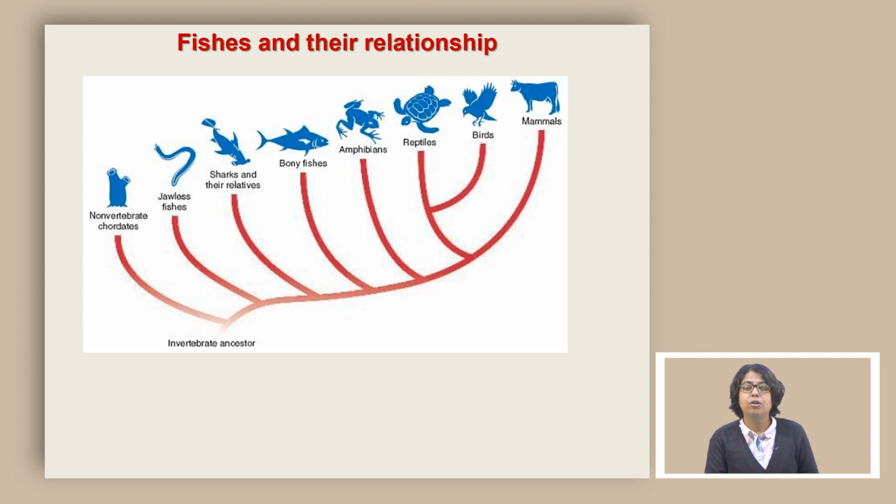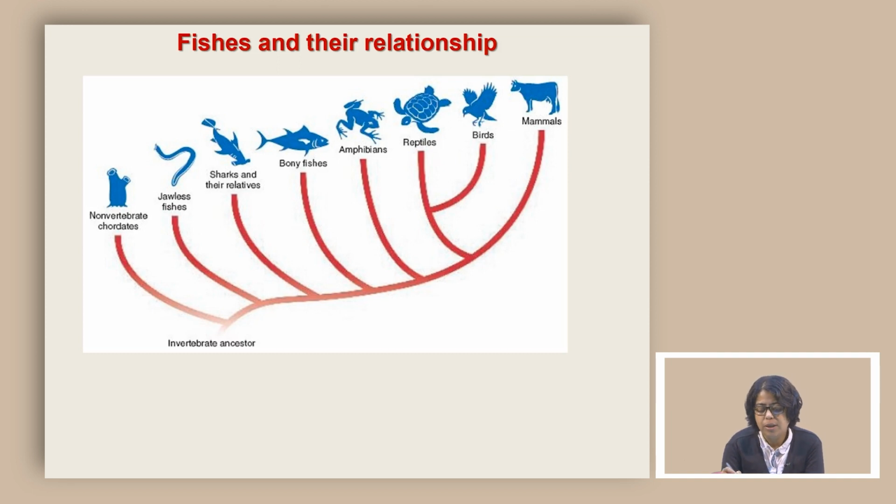If we look at organisms that are primarily dominating the water today, we are going to find that it's all kinds of fishes. And if we look at the relationship of these fishes with other organisms, we are going to find something quite interesting.